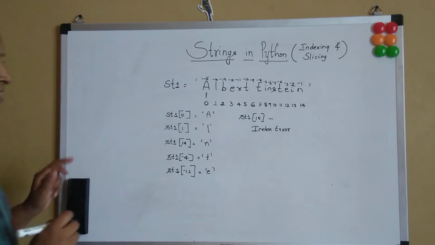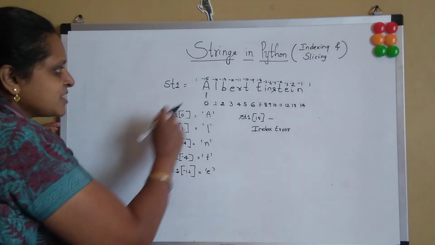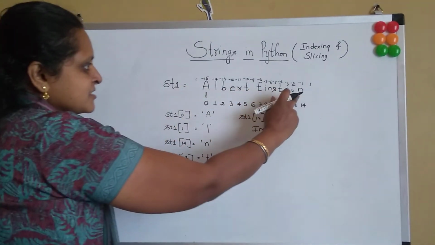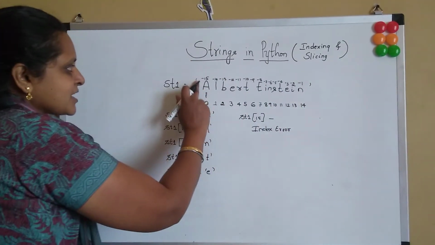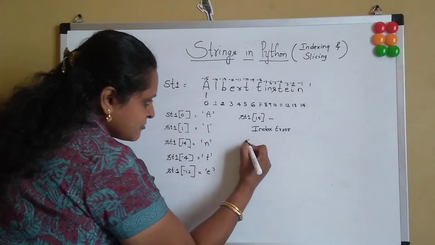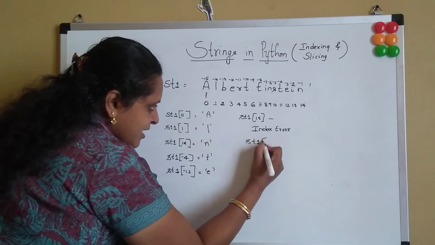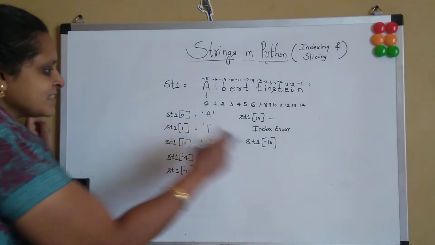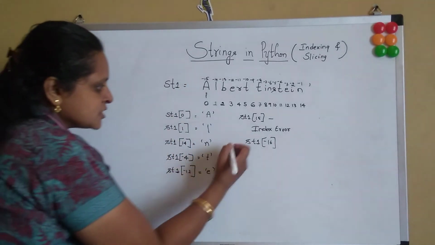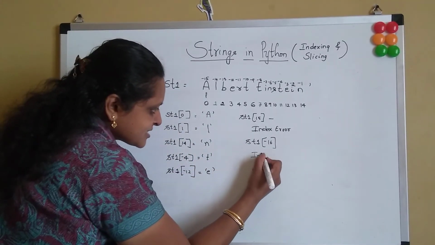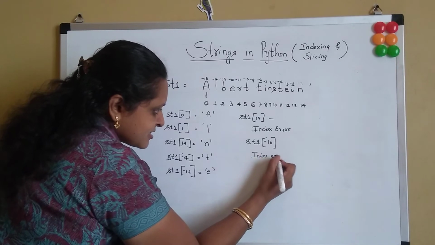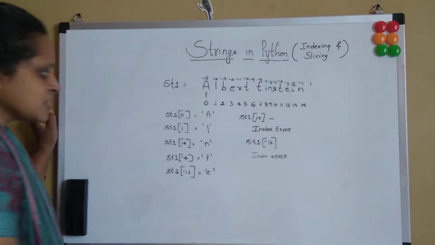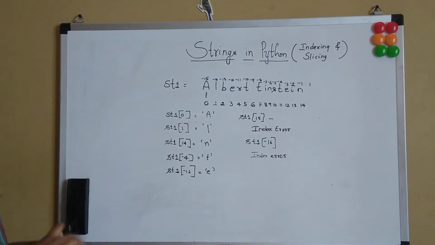Similarly, my negative index spans from -1 to -15. If I give st1 of -16, this index does not have any value. So Python again throws an index error saying the index is out of range. So this is how indexing works in Python.